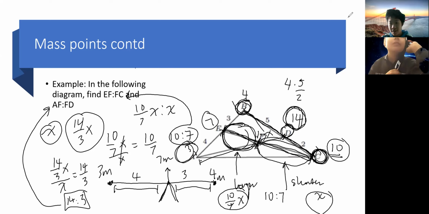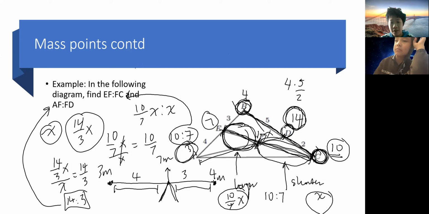Does that make sense? Any questions? Make sure you understand this because this is pretty confusing and pretty advanced, but it will make your life a lot easier for a lot of problems. No?